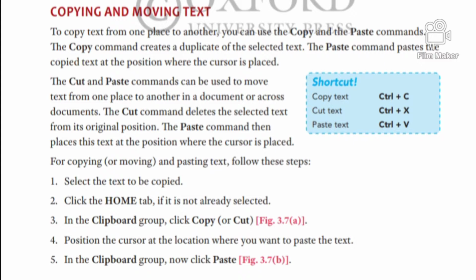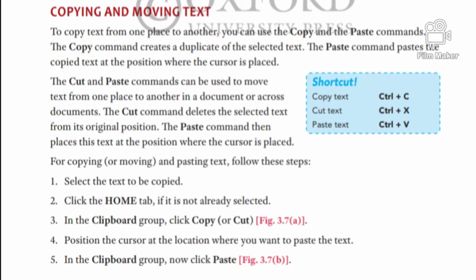Okay, the cut and paste command can be used to move text from one place to another in a document or across documents. Now what is the role of the cut and paste command? It will not copy the text, it will cut the text. Okay, and you can paste the text in the same document in which you are working or in another document also.